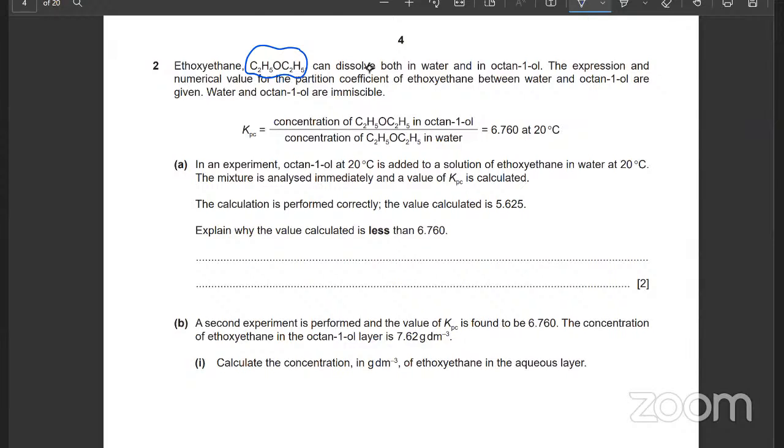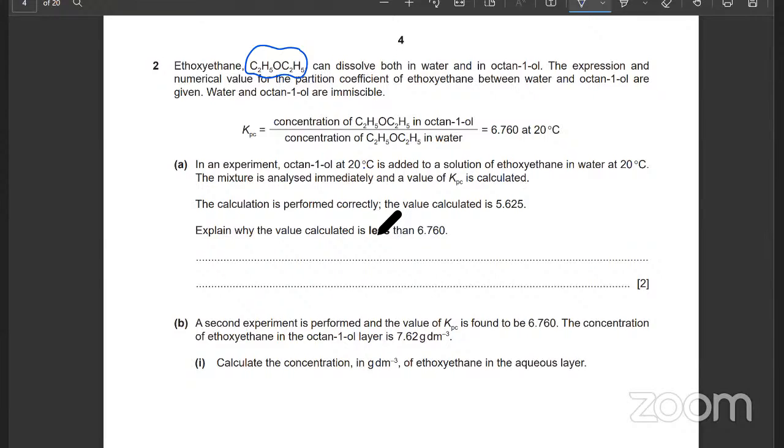In an experiment, there are two layers, octan-1-ol and water, and the solute dissolves in both layers. In an experiment, octan-1-ol is added to a solution of ethoxyethane in water at 20 centigrade. The mixture is analyzed immediately and a value of KPC is calculated. The calculation is performed correctly. The value calculated is 5.625. Explain why the value calculated is less than 6.760.